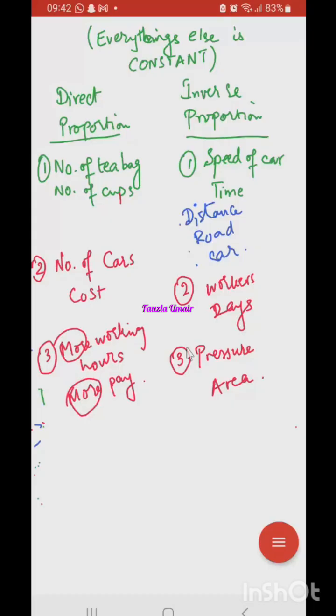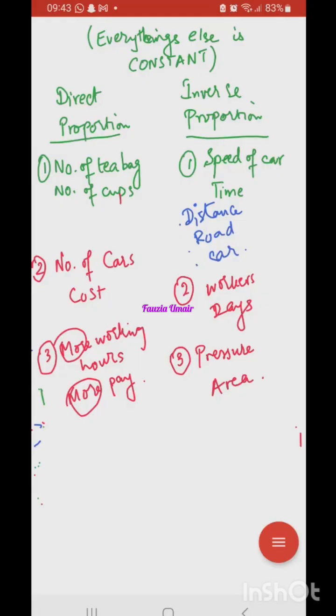Very good. If pressure is more, definitely the area covered by that object will be less. You can take the example of gases. When the pressure is more, the gas can be contained in a cylinder. If the pressure is less, that gas can occupy the whole room. Very good example.